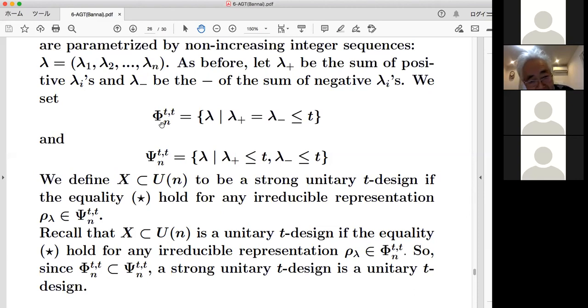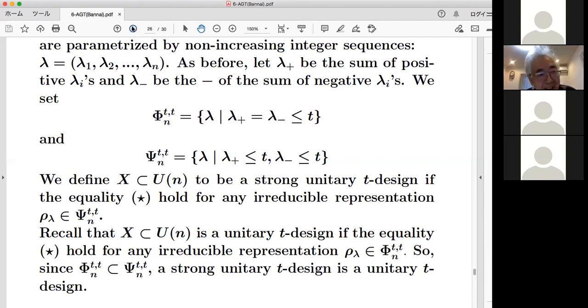So there is a difference between strong unitary t-designs and ordinary unitary t-designs. But please note that from these definitions, phi sub n is a subset of psi n. Of course, psi is bigger. And this implies, by definition, that a strong unitary t-design is a unitary t-design. Okay.